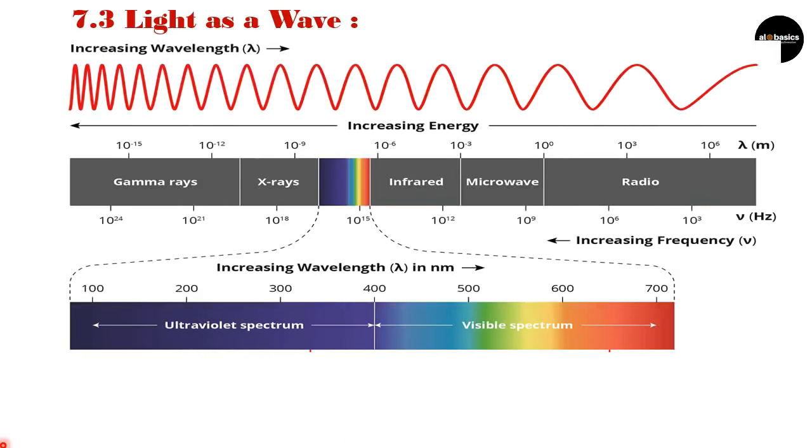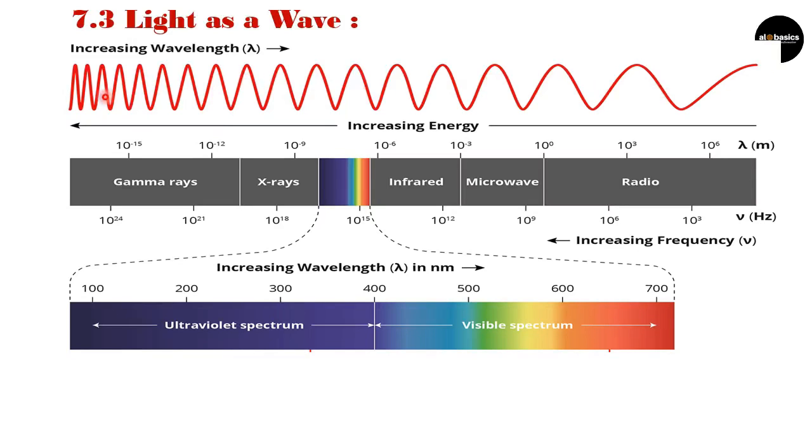As their range is wide, they are divided into different categories such as gamma rays, X-rays, ultraviolet rays, visible, infrared, microwave, radio wave, etc. Now, while talking about these electromagnetic waves, we can see here the crowding of the wave is observed initially, then it is becoming wider and wider.